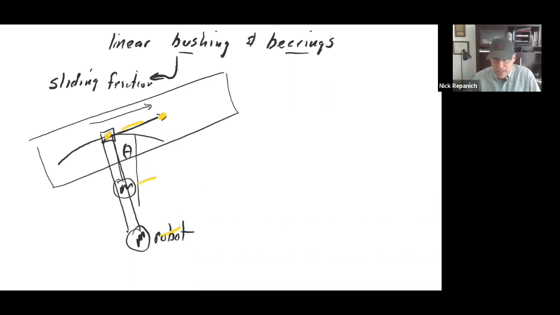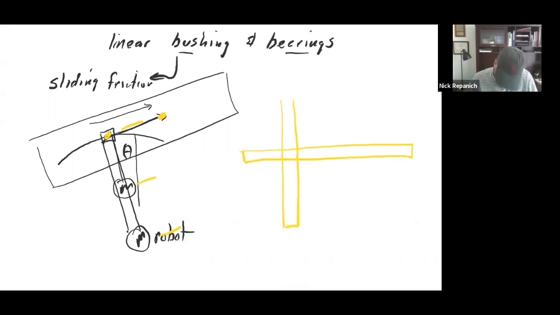So why linear? Because all that stuff was actually hard. Think about it: let's say you have an X and a Y motion, and you want to do some particular move.